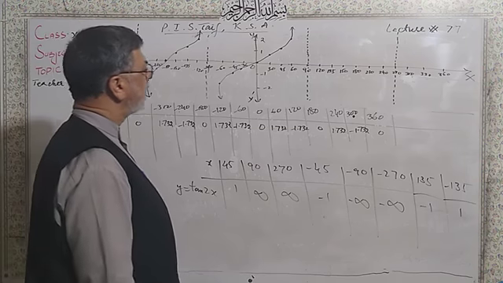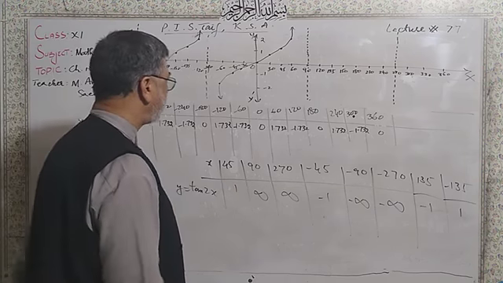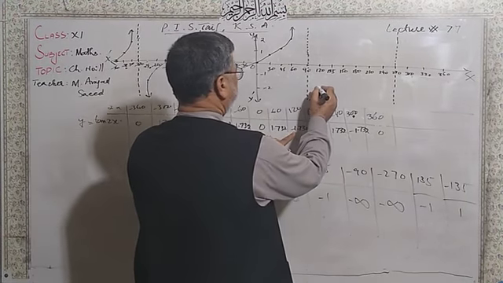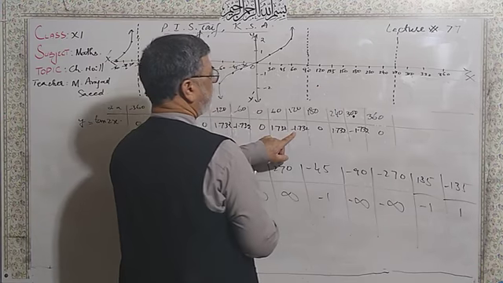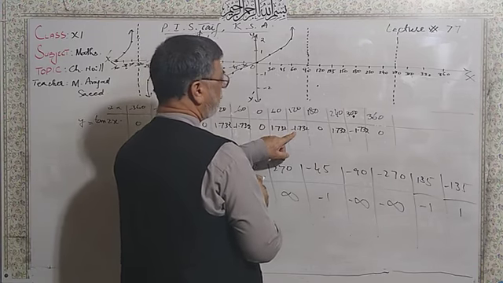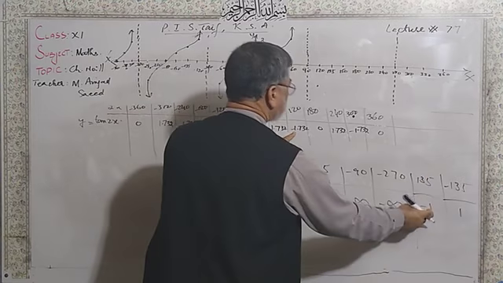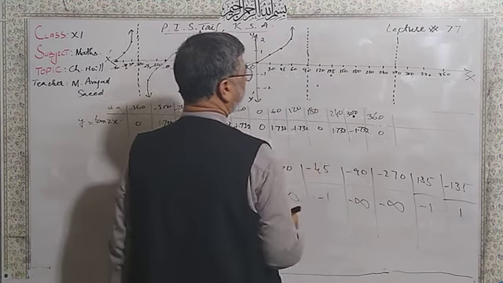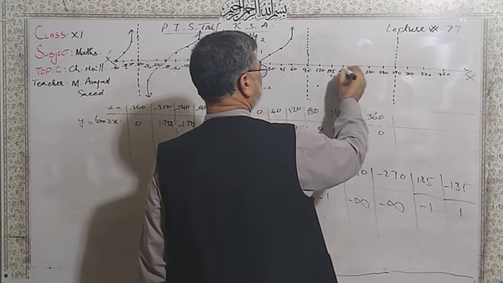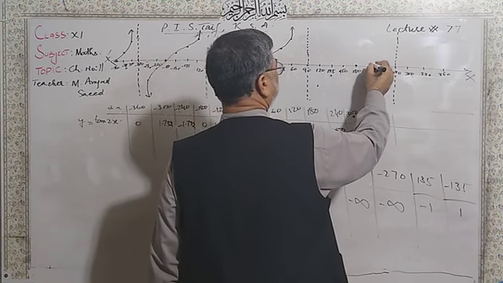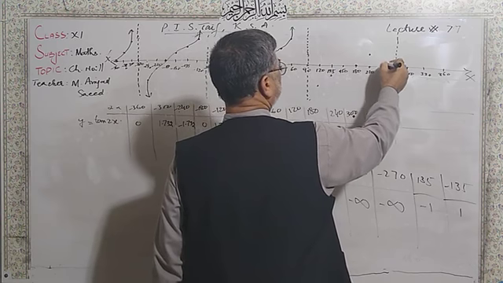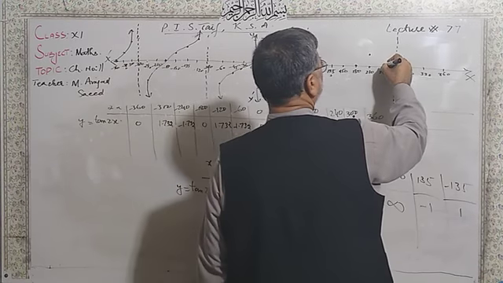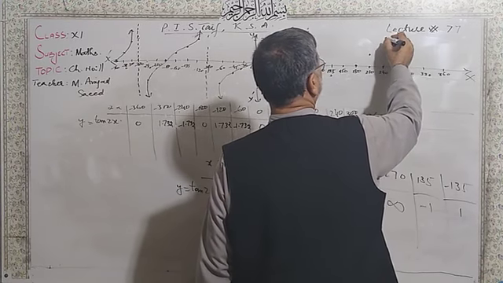After that, we have 120. 120 is minus 1.732 here. And 135 is minus 1. 150 is minus 0.6. 180 is 0. 210 is plus 0.6. 240 is 1.732 here.